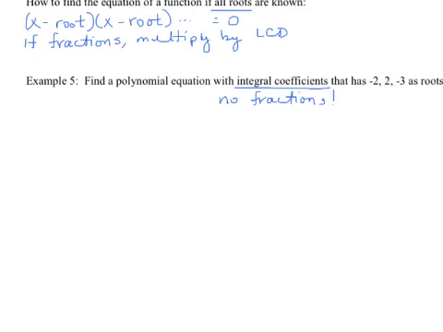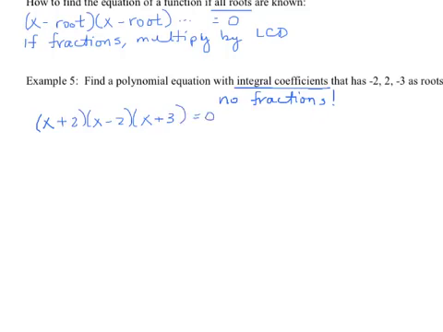Alright, so what we're going to do is we're going to take each root and subtract it from x, or whatever variable you want to use. So x minus -2, that's a plus 2. Then we have x minus 2, and then x minus -3, which is a plus 3, set it equal to 0.